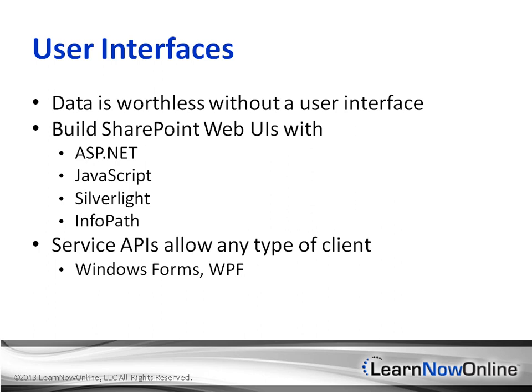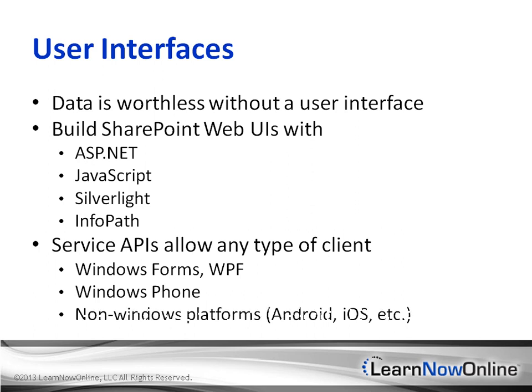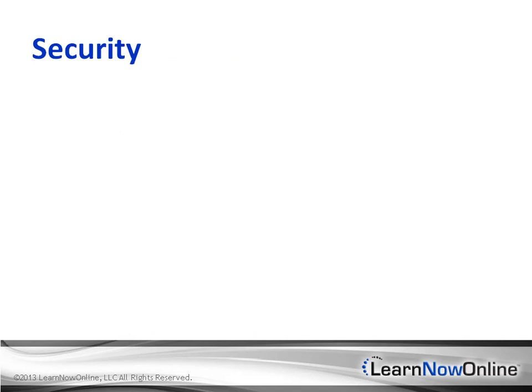Now that SharePoint has all these services exposing all the data, you can build whatever you want on top of those services. Windows Phone is another good example. And like I was saying, non-Windows platforms: besides PHP, you can build Android apps, iOS apps.